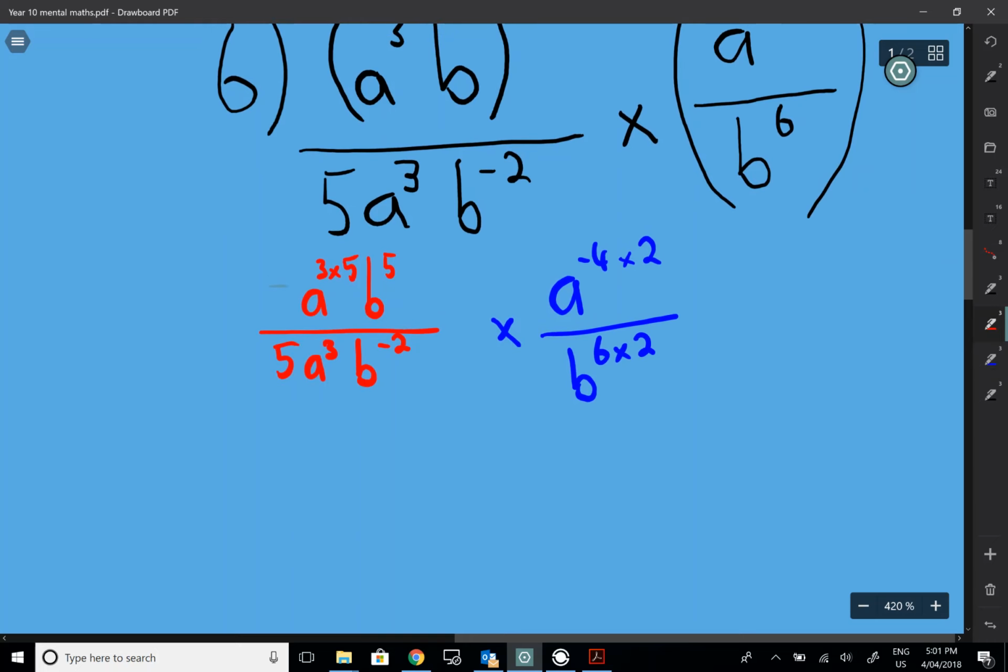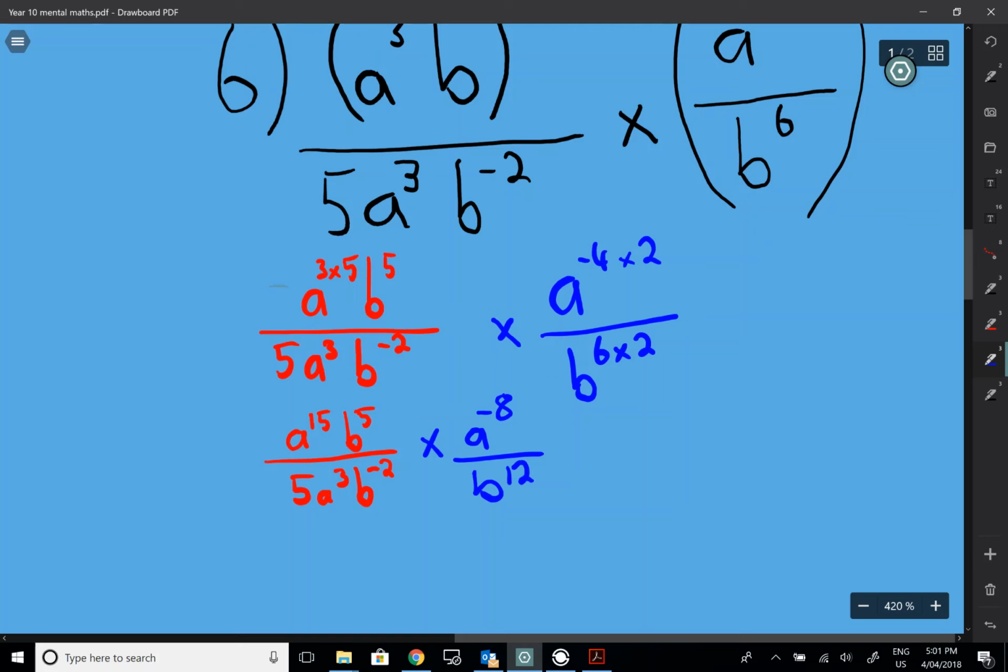So 3 times 5 is 15, so we end up having a to the 15, b to the 5 over 5a cubed b to the negative 2. Same with this side, I can simplify it down a little bit. Negative 4 times 2 is 8, a to the negative 8, remember negative and a positive make a negative, over b to the 12.